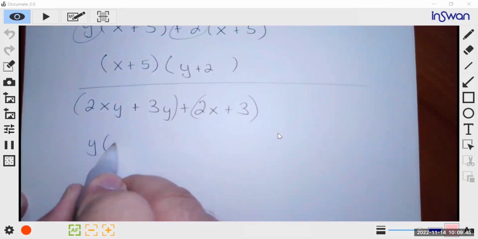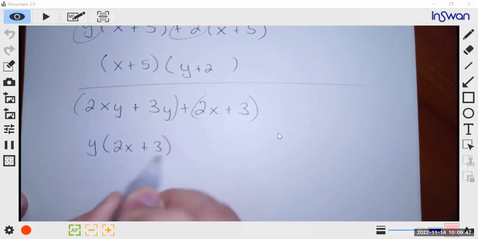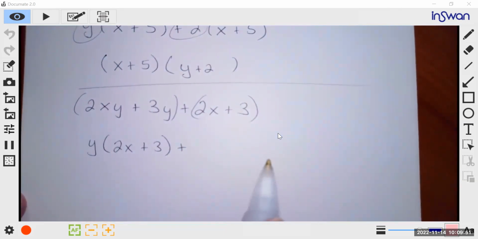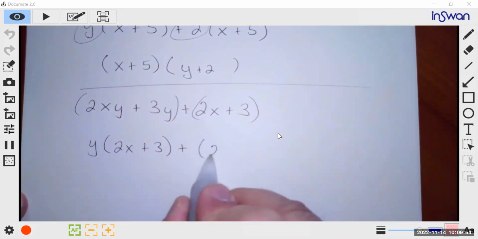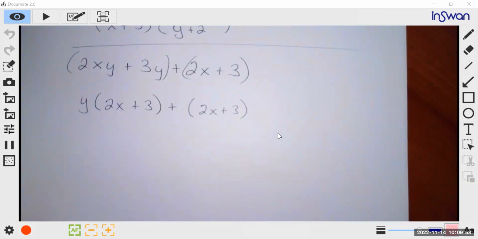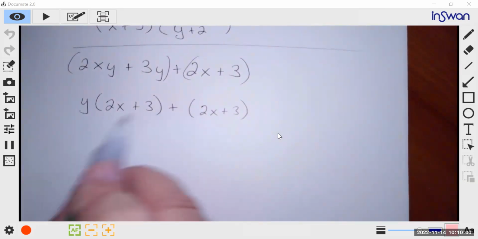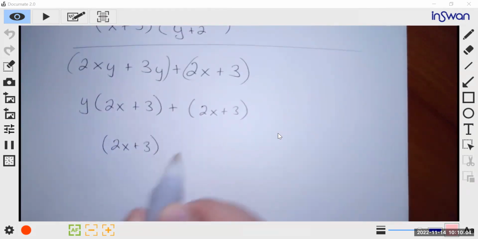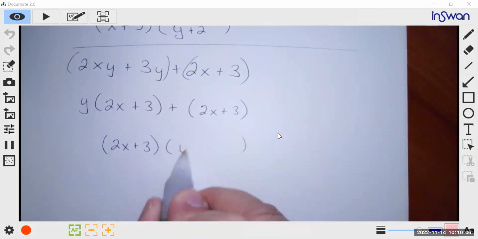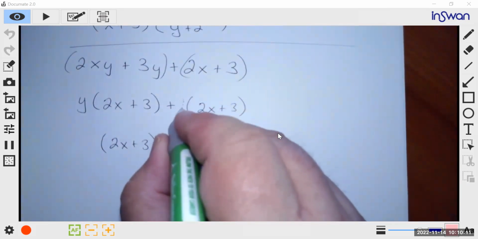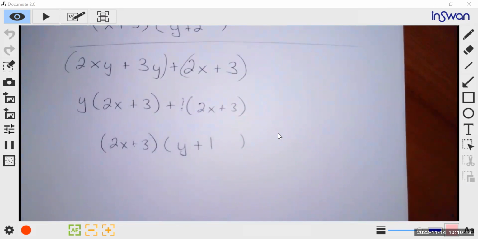So we take out the y, so we have 2x plus 3. How about the second one? We're taking anything else out? So what's our factor going to be? They both have a what in common? Very good. Excellent. Because there's a 1 there. There's a 1 in front of there. Excellent.